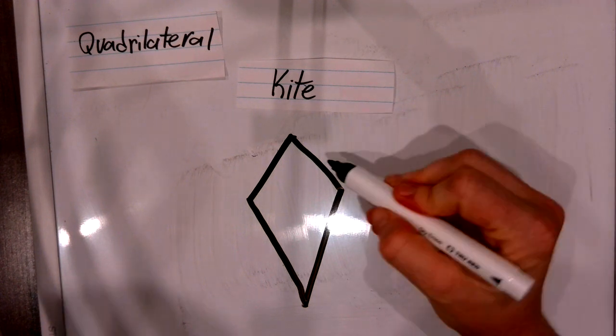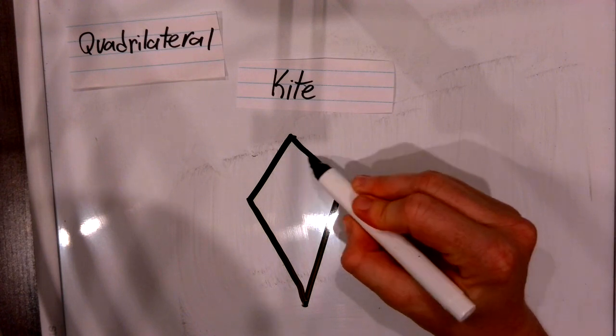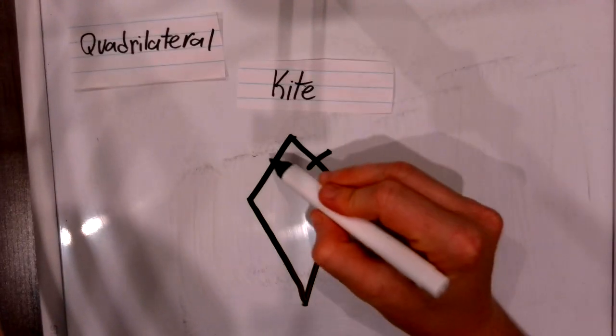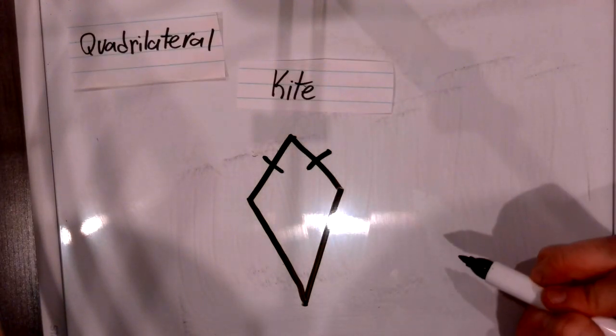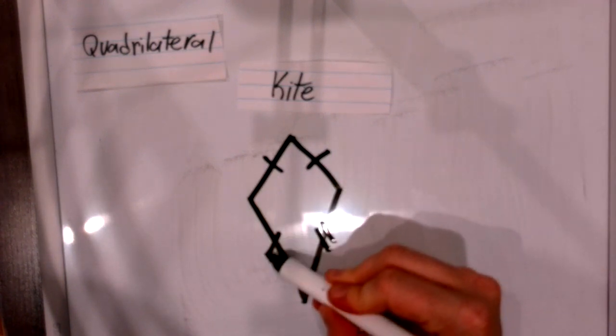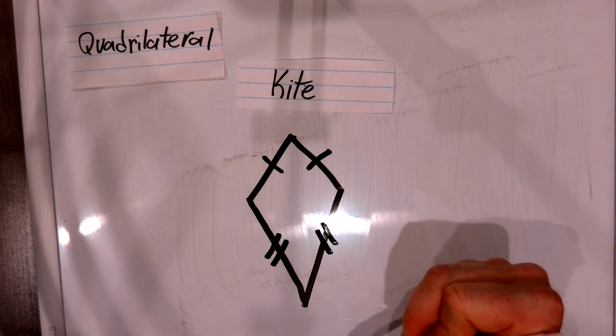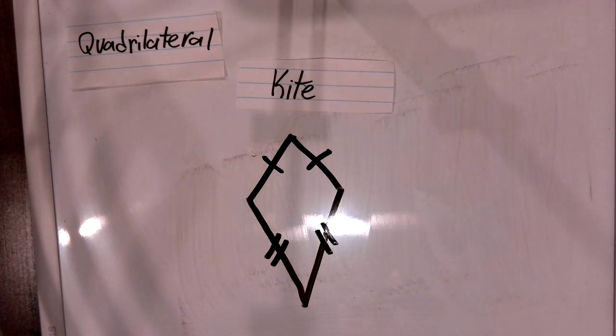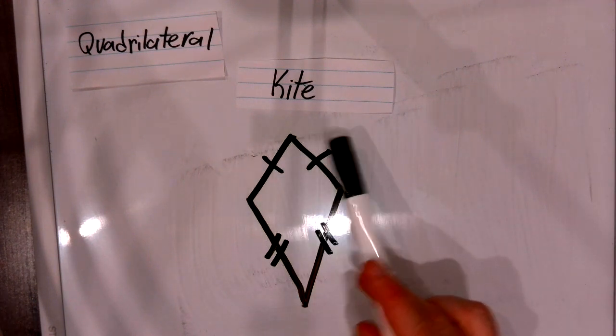So this is a pair right here, and they are congruent to each other. These lines right here are also congruent to each other. This makes it a kite. There are no parallel lines, but each pair is congruent.